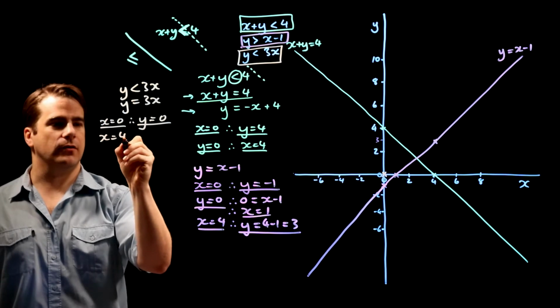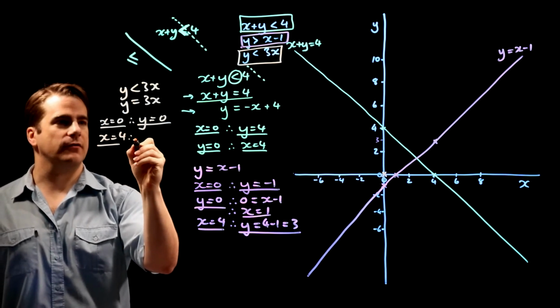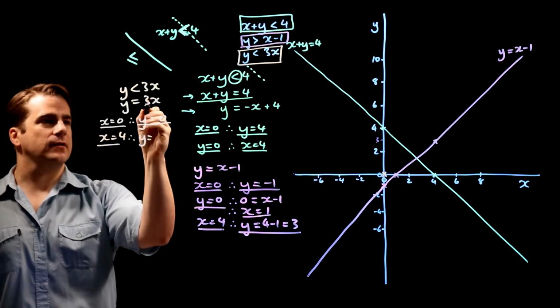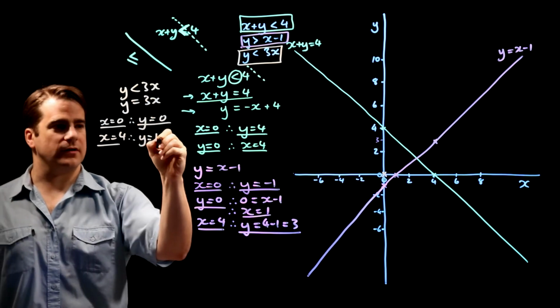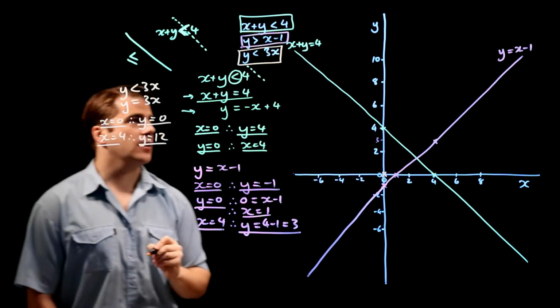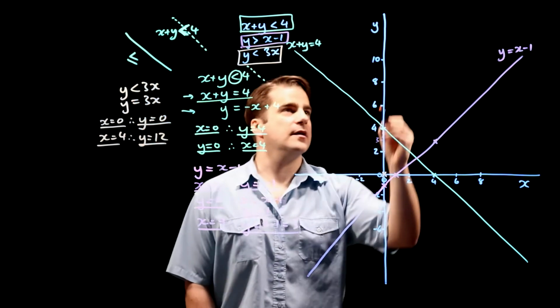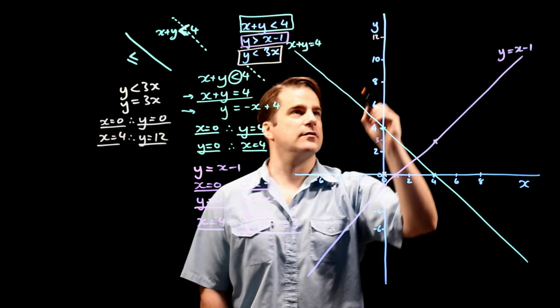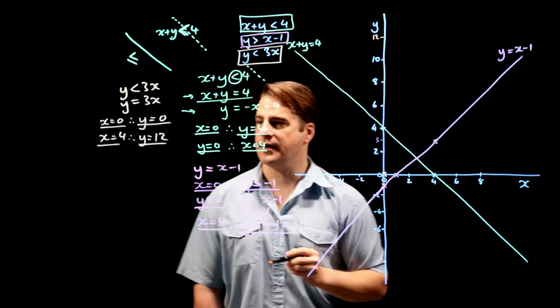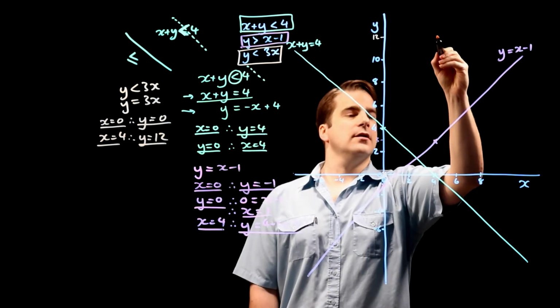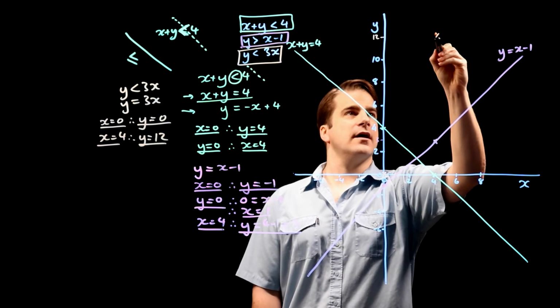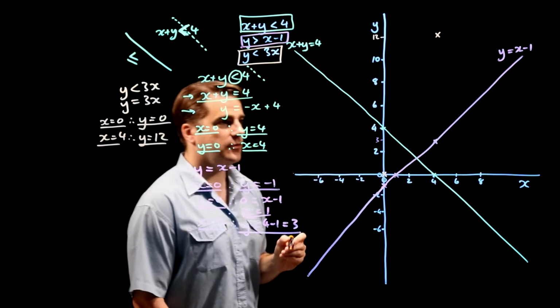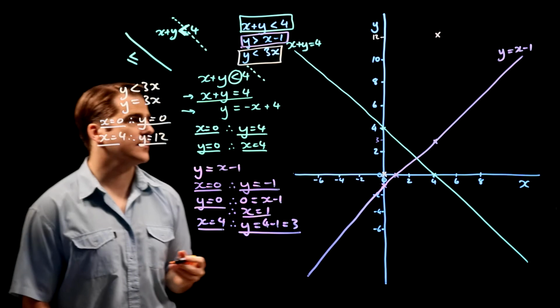When x is 4, therefore y is 3 times 4, y is 12. Okay, well, that's quite high up. So 8, 10, 12, it's going to be there. Okay, x is 4, y is 12. That's about there. That'll do, that's our 2 points.